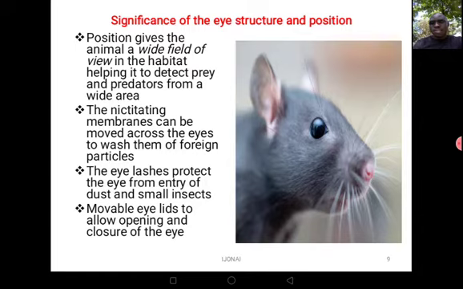Then we have the eyelashes. The eyelashes are hair-like structures surrounding the eye, and those protect the eye from entry of dust and other small insects. Then we also have the movable eyelids, those flaps of skin that close and open the eye, and those are used majorly for protection.